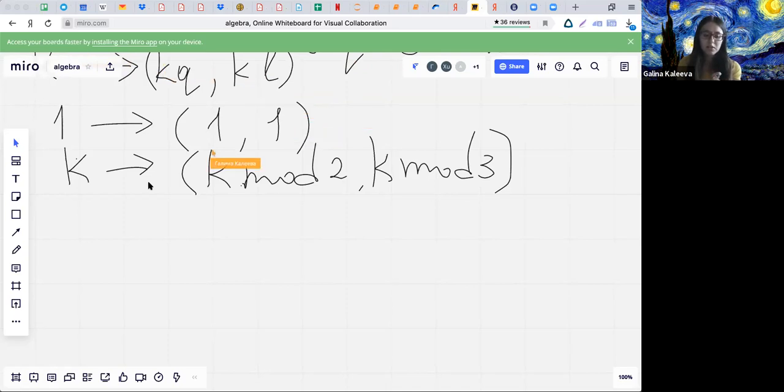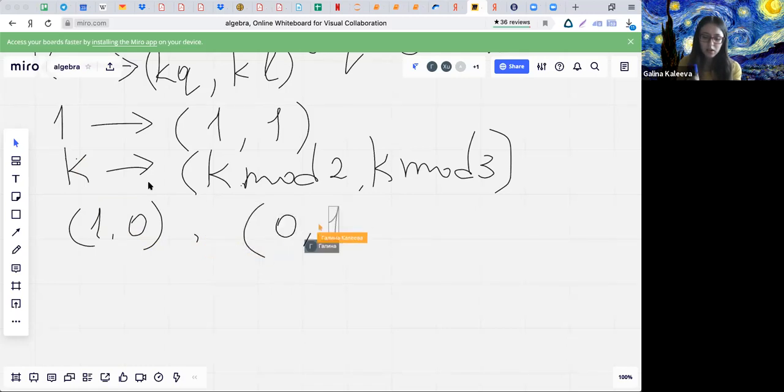So is it true that if I find the elements which go to (1, 0) and (0, 1), where the first is modulo 2 and the second is modulo 3, and let the map be phi, and I need phi to the minus first power from our direct product to our group Z6.